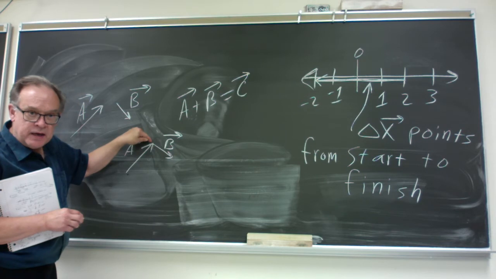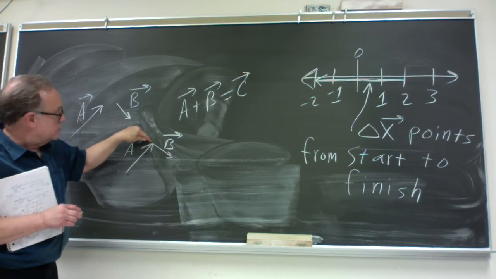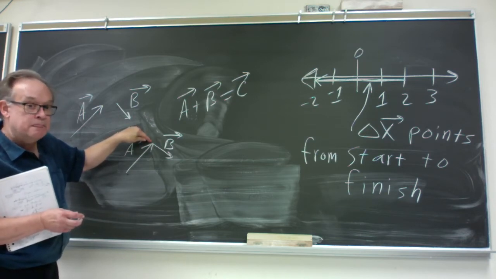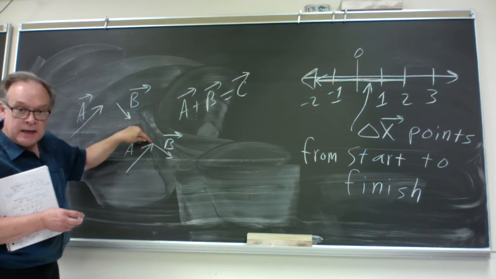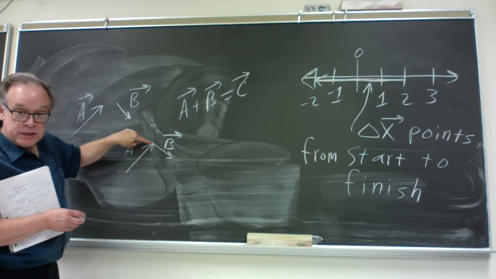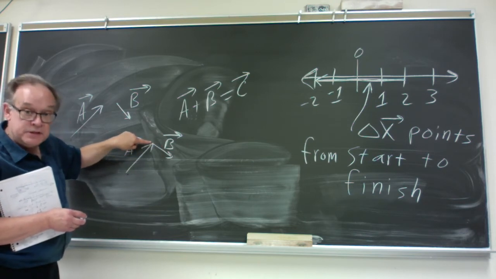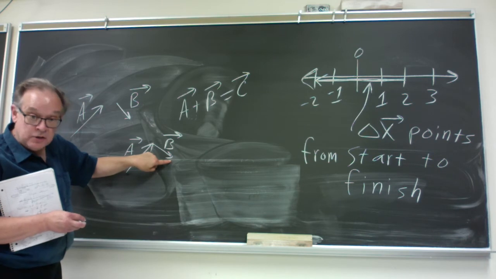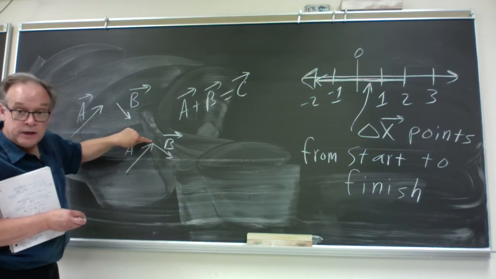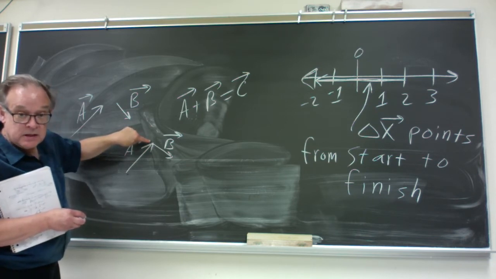So this point here at the tip of A is the final location at the end of displacement A. But from that point, then you go through displacement B. And so the end of displacement A is the location from which you start displacement B. So the end of displacement A, the tip of A's arrow, is also the beginning of displacement B, the initial location, the tail of displacement B. This is the initial, this is the final location of displacement B. The initial location of displacement B is the same as the final location of displacement A.